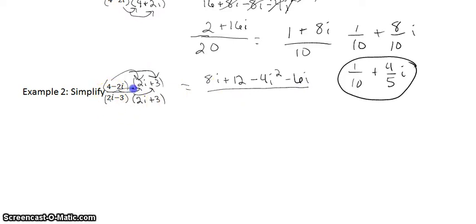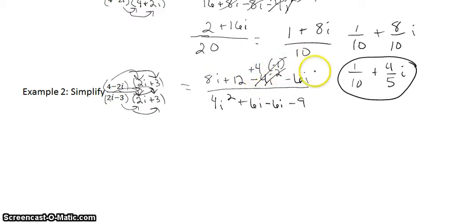Then I'll FOIL out the bottom, so I'll multiply the 2i across, so I'll have 4i squared plus 6i, and then I'll multiply the negative 3 across, so I'll have negative 6i minus 9. Alright, now I need to replace my i squared with a negative 1, and then negative 4 times negative 1, that is a positive 4.